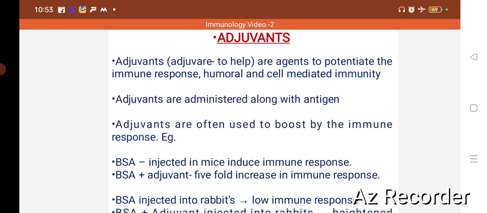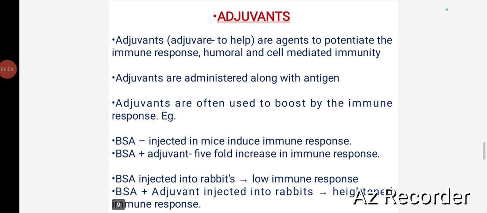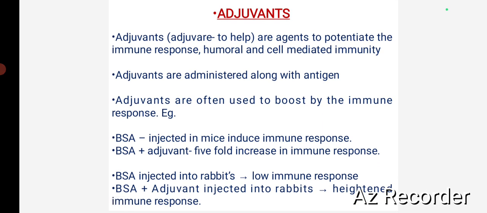Next, moving on to adjuvants. Adjuvants means agents to help or potentiate the immune response, either humoral or cell mediated immunity. The adjuvant molecule generally induces humoral and also cell mediated immunity.